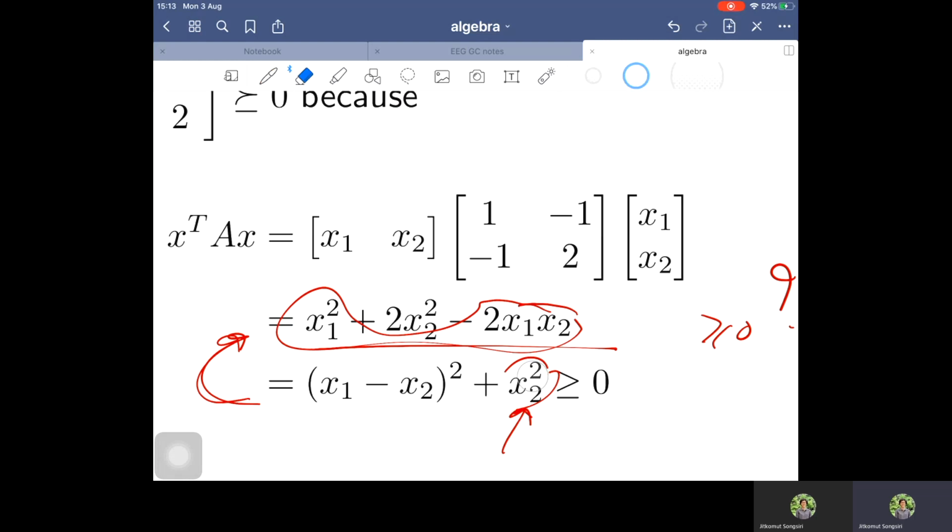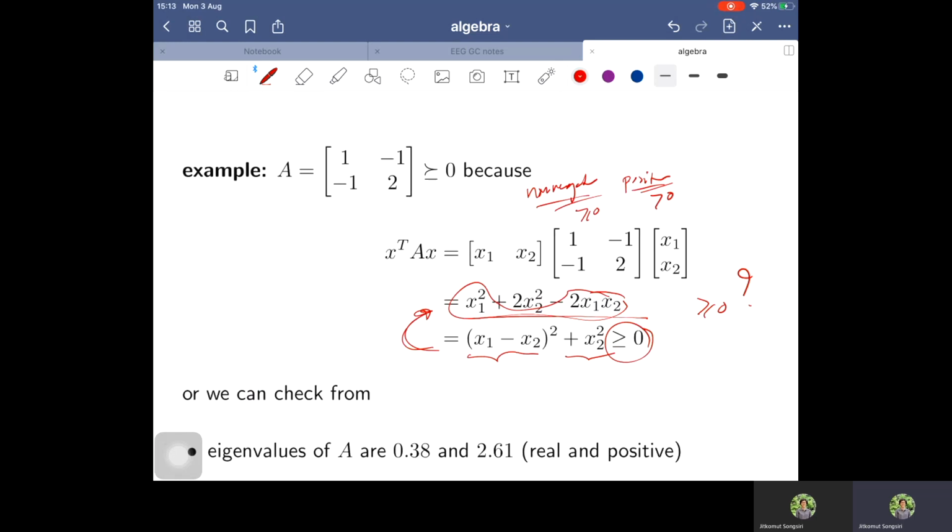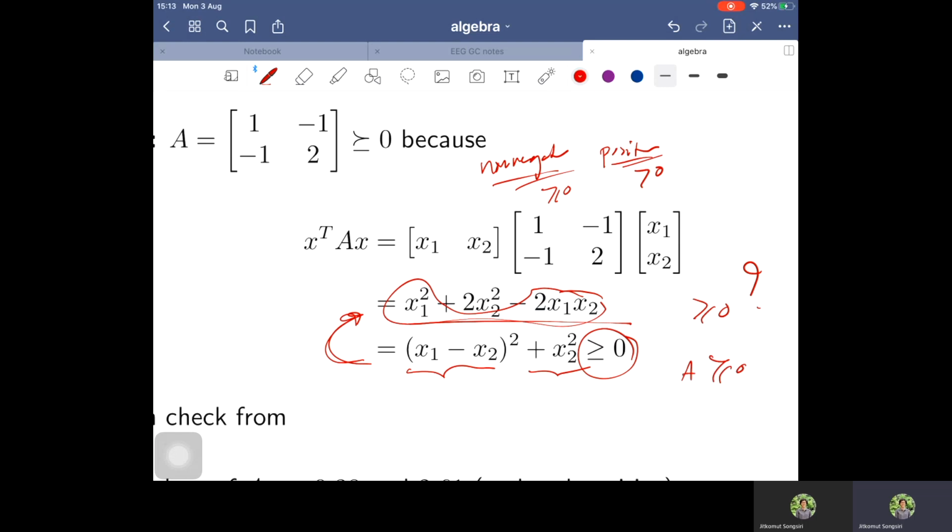At the last line, when you complete the square, it turns out to be the sum of two non-negative terms. Whenever x1 and x2 are any vector, this is always non-negative. I would like you to make a distinction between these two words, non-negative and positive. Non-negative means it could be 0, right? But positive means it has to be strictly greater than 0. So in this example, A is positive semi-definite.